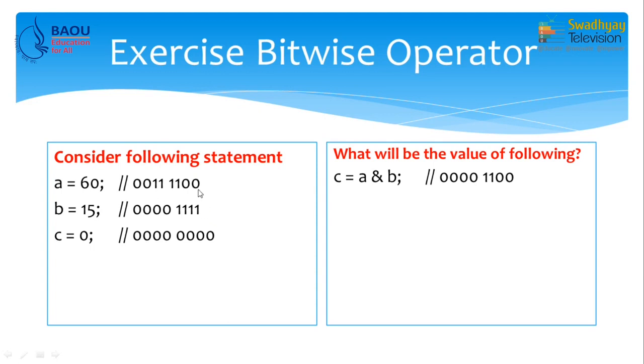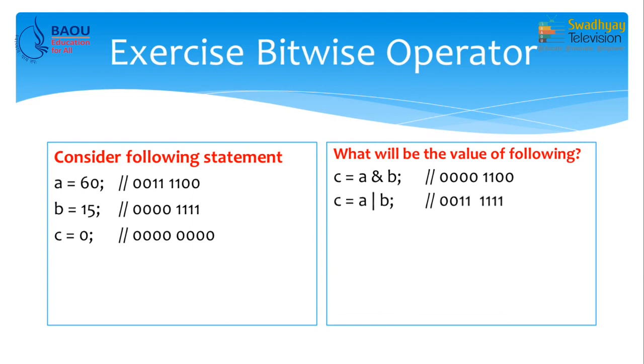So, 0 and 1 will result in 0, then 0 and 1 again results in 0, but next, 1 and 1 are matching, so it will again be 1, and all the rest of the pairs 1 0, 1 0, 0 0 and 0 0 will result in 0. So, we have the answer which is shown in the comment.